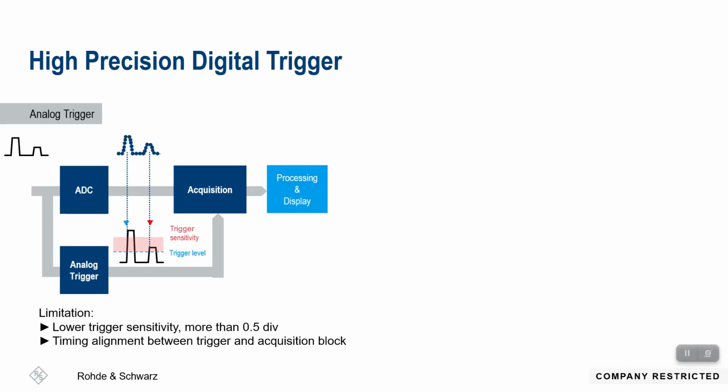So first, an analog trigger. There's a path that splits off before the analog to digital converter that goes to the analog trigger circuit. And the signal is going to be observed by that analog trigger circuit. It's going to have the trigger level, and there is going to be some amount of trigger sensitivity, and that might be half a division, it might be more than half a division, but there's some amount of trigger sensitivity.